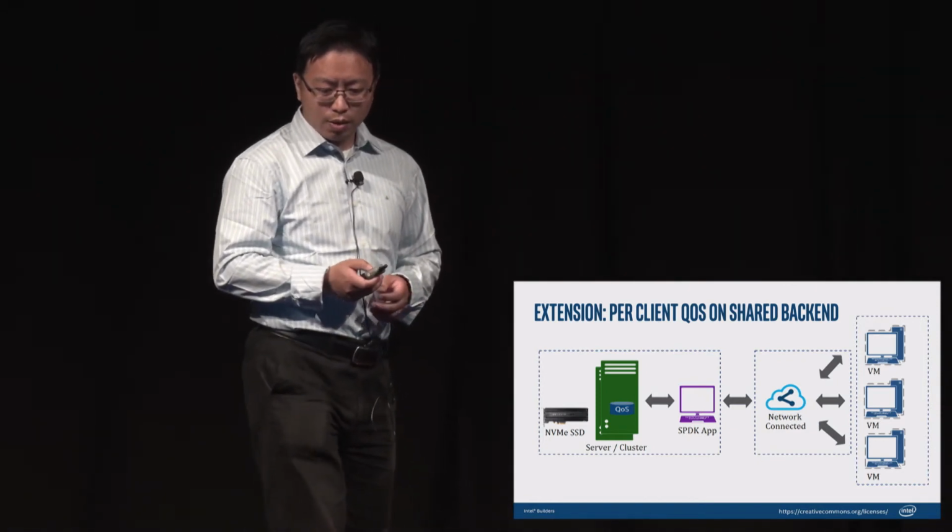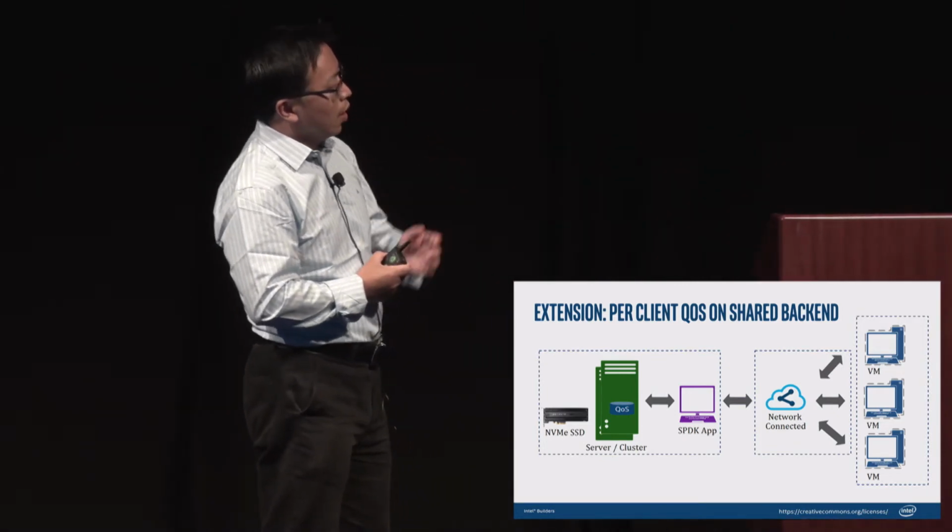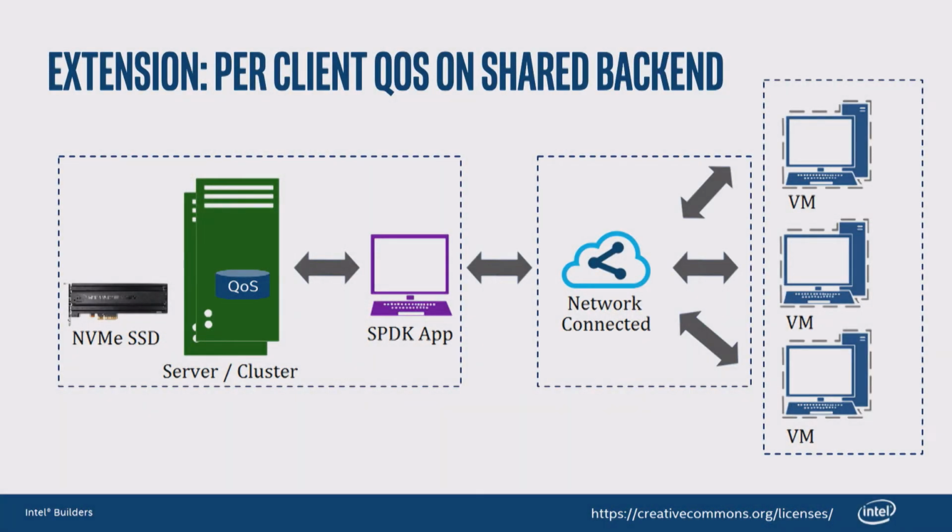In this case we already have the QoS on the vBdev. I have pictures here. This QoS is on the vBdev, and if we want to share this vBdev with different applications, for example, here we have 3 VMs, and these 3 VMs want to share the same backend, how can we do it? Yeah, we can leverage the pass-through virtual vBdev.